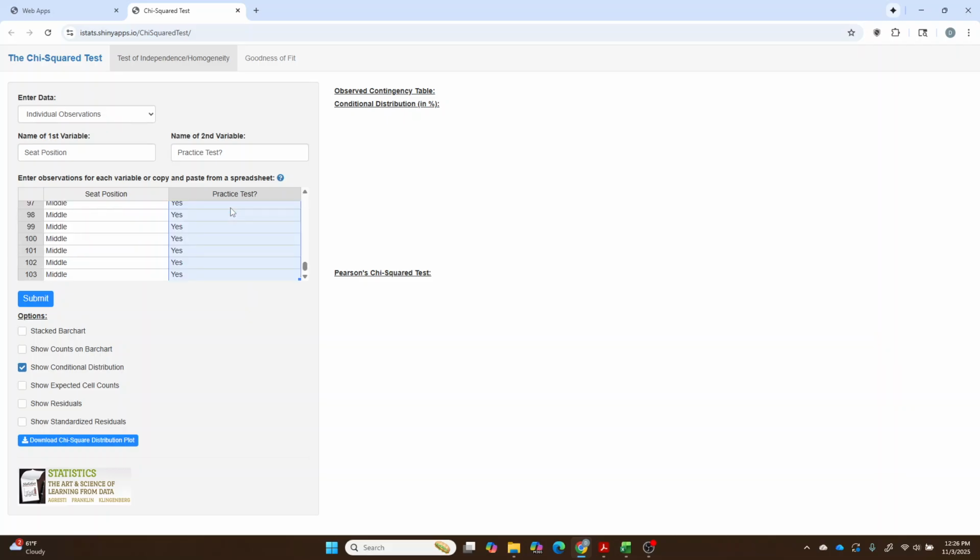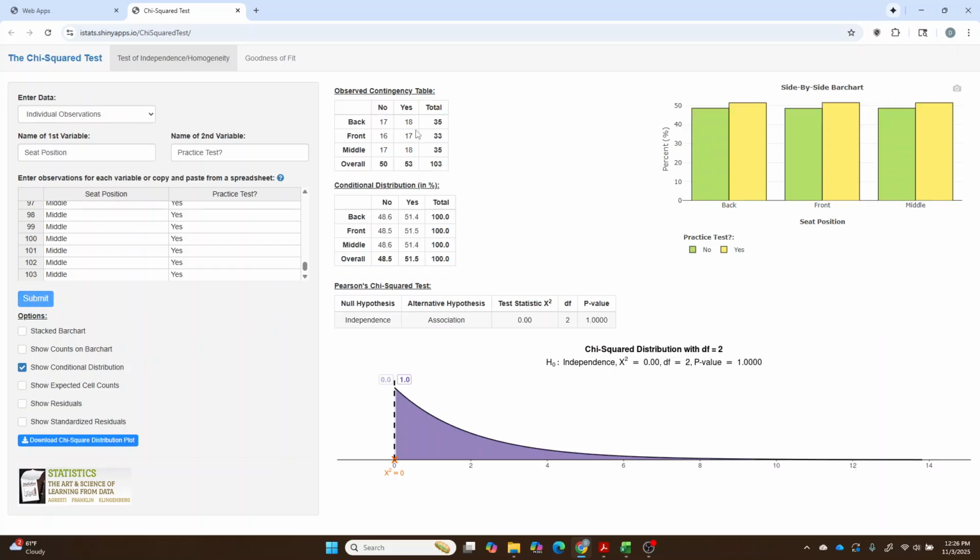And then once you have that, you can hit submit, and it makes that contingency table for us, which is really nice. Okay. It also computes a p-value, and the p-value here is very large.